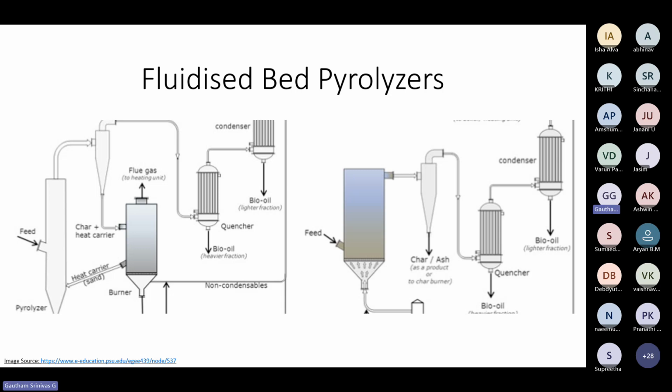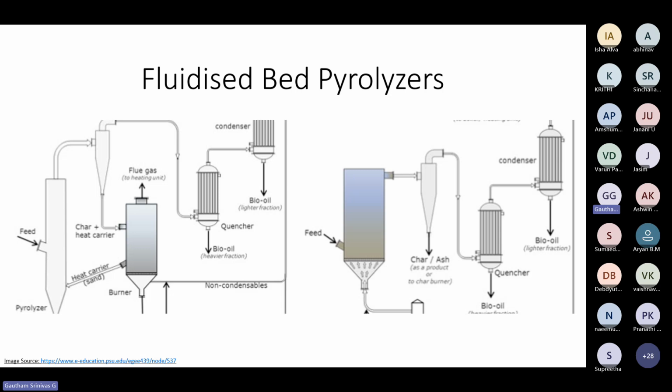The volatile gases and everything travel to the cyclone, where the solids are separated. The char plus the heat carrier, which is the sand, are separated from the gases. In fact, there is no liquid at this temperature, so even the bio oils are in vapor form.